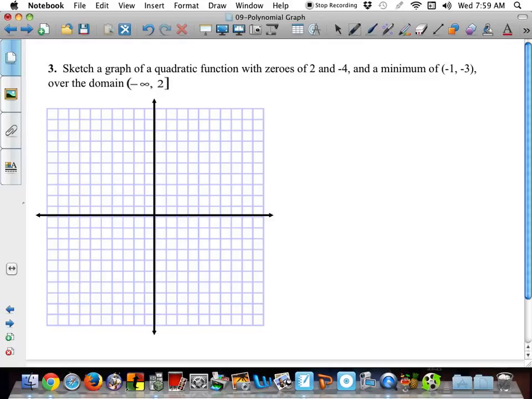The next one, we are going to sketch a quadratic function with zeros of 2 and -4, a minimum of -1, -3, over the domain of -infinity to 2. So my zero is at 2, so I'm going to mark that as 2, 0, and then -4, 0.